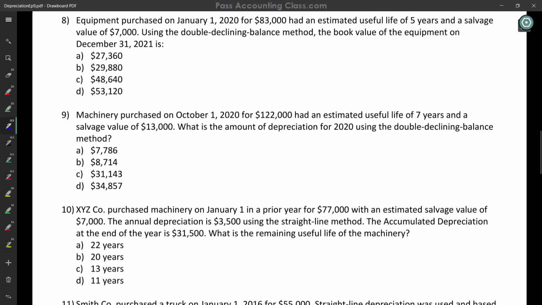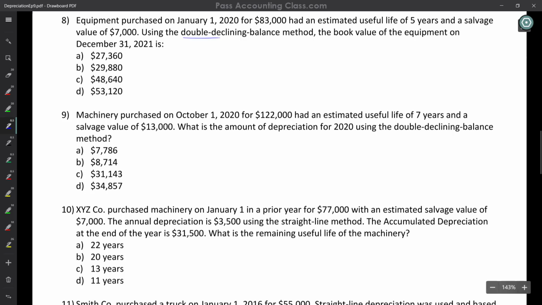So for question 8, it says, equipment purchased on January 1st, 2020 for $83,000 had an estimated useful life of 5 years and a salvage value of $7,000. Using the double declining balance method, the book value of the equipment on December 31st, 2021 is $27,360, $29,880, $48,640, or $53,120.